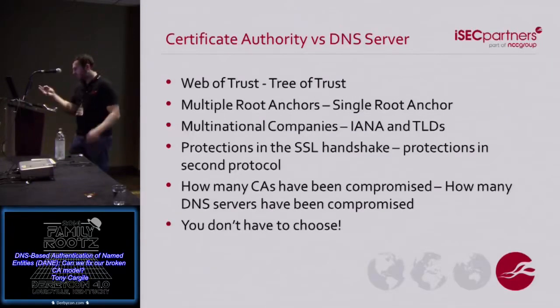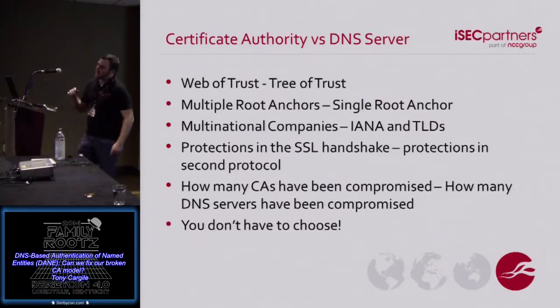So there are pros and cons of both. Also, these root CAs are multinational companies, like Symantec and GeoTrust. The people running the DNS root zones and the .coms and what have you are government agencies, or quasi-government agencies.